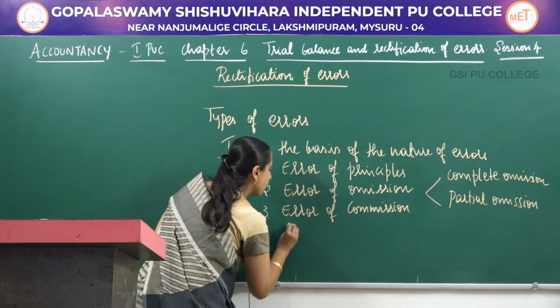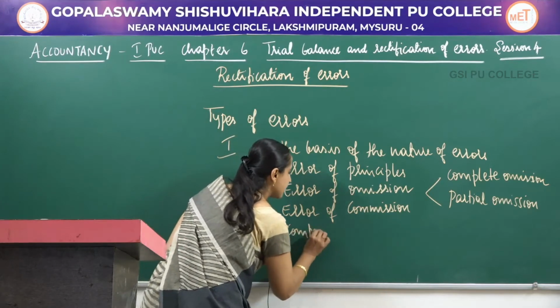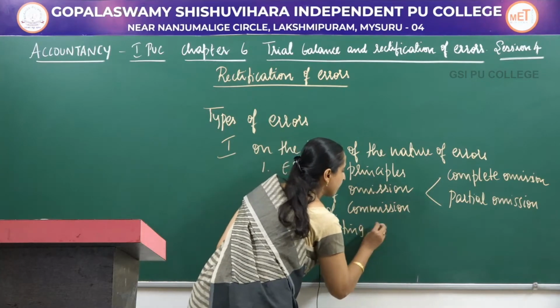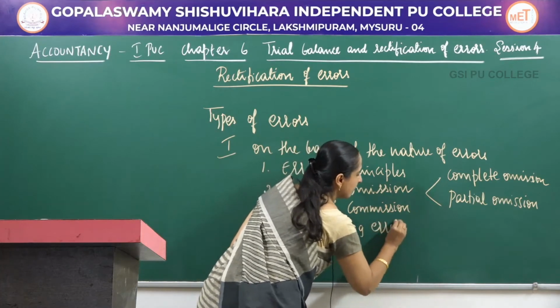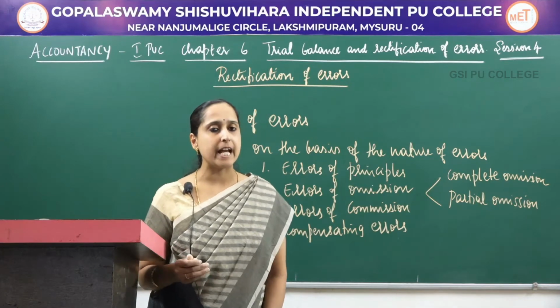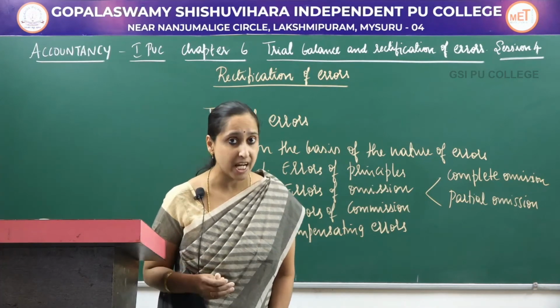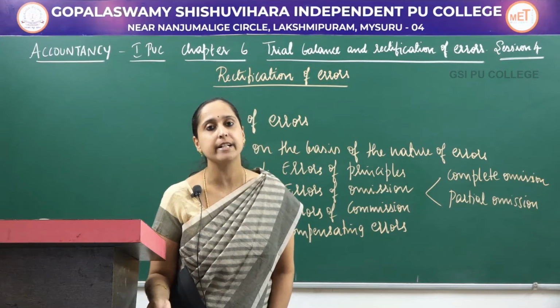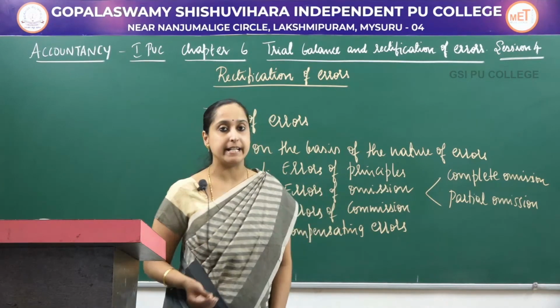Fourth one is compensating errors. Compensating error means, you know, error means mistake. When a mistake is compensating another mistake, we call it as compensating errors.